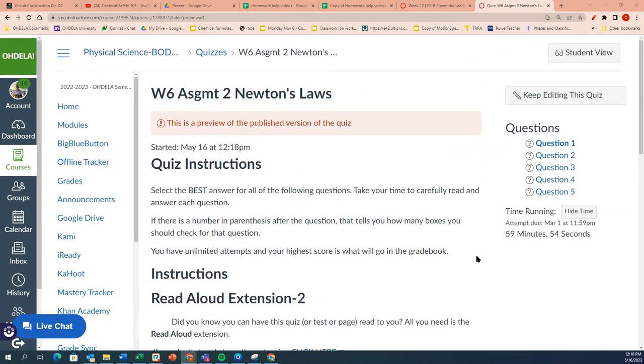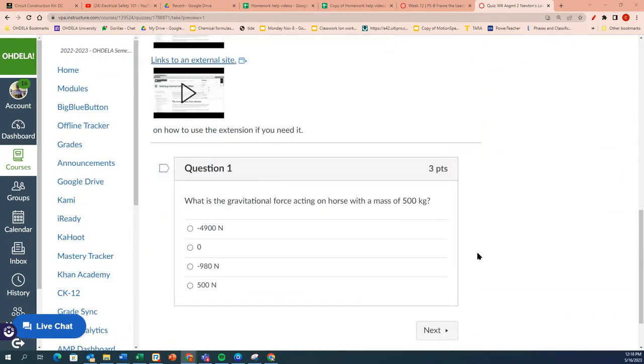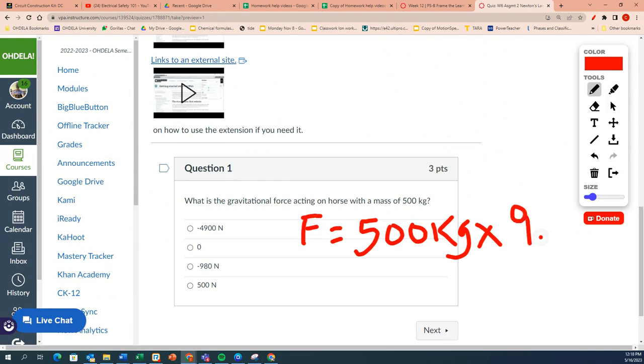All right, so W6 assignment 2. What is the gravitational force acting on a horse with a mass of 500 kilograms? So we're looking for the newtons, and that newton is weight. So we know that force is equal to 500 kilograms times the acceleration due to gravity, 9.8 meters per second squared.